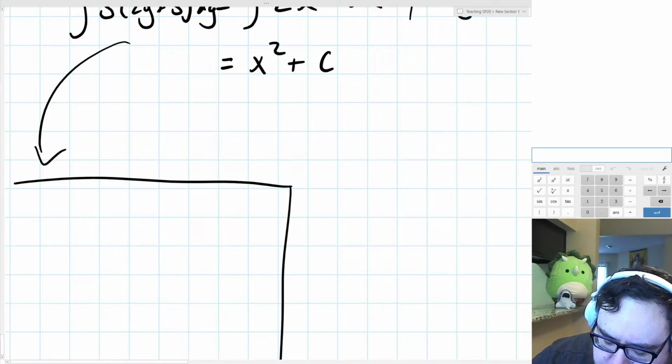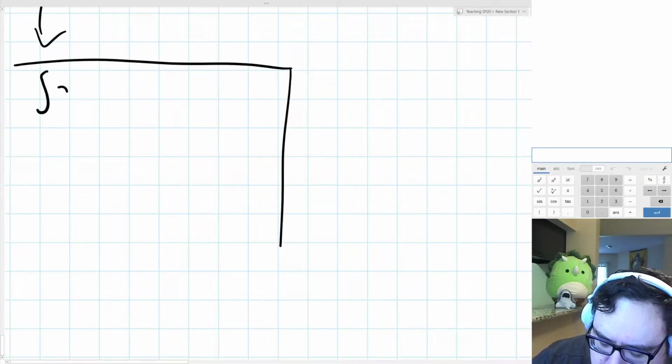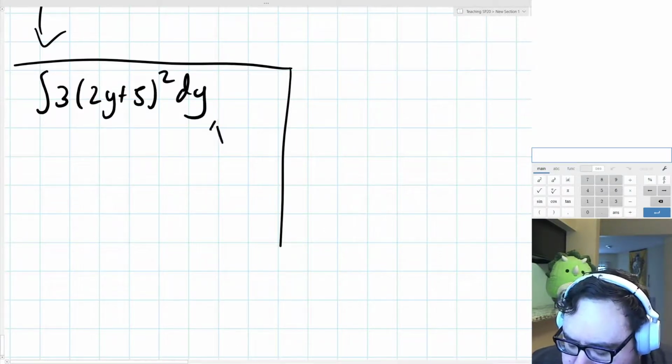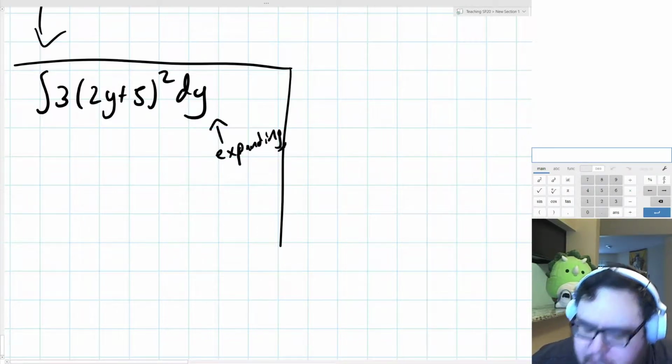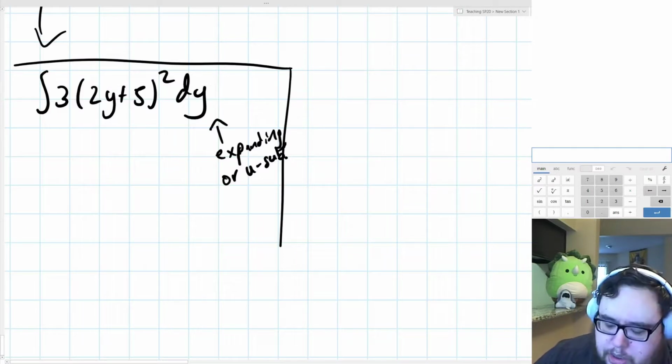So we're dealing with the integral of 3 times (2y plus 5) squared dy. And we can either tackle this by expanding or u sub. The u sub is a pretty straightforward one, so I'm just going to do the u substitution.